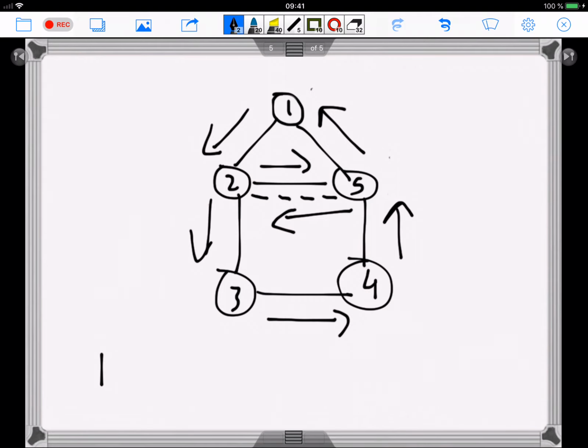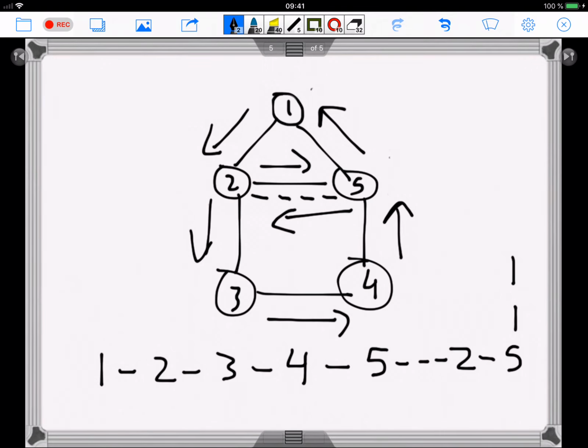We start in 1, we go to 2, then to 3, then to 4, then to 5, and here we use, I'm going to write like this in order to say that this is the fake edge that we are using. Now 5, then 1.